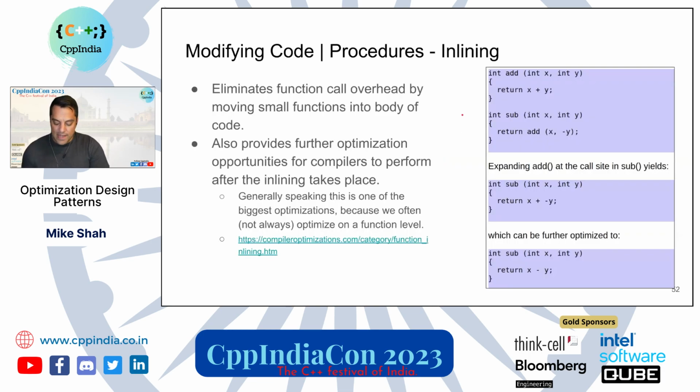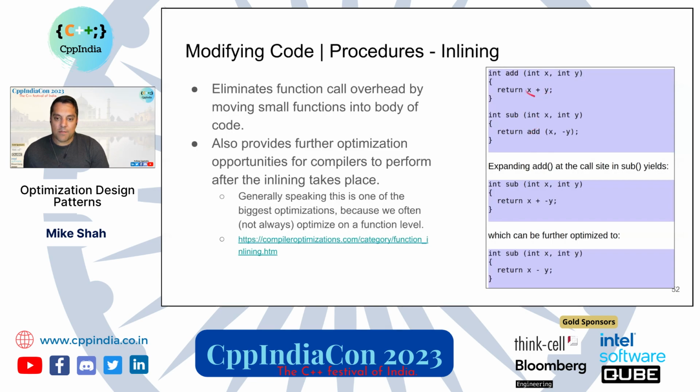All right, so a few other things here where we can modify our code using inlining, and this is actually an important part of C++. Let's take a look at this example where I have these two functions, add and subtract, and you'll observe that the subtract function here is just calling add, and all add is doing is x plus y.